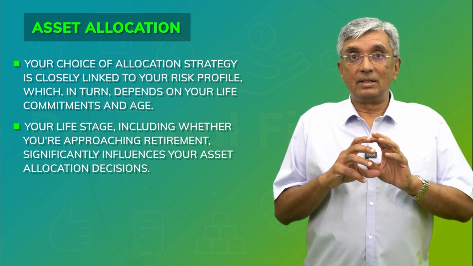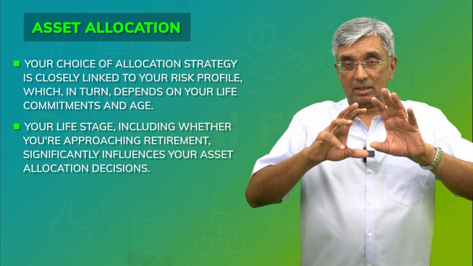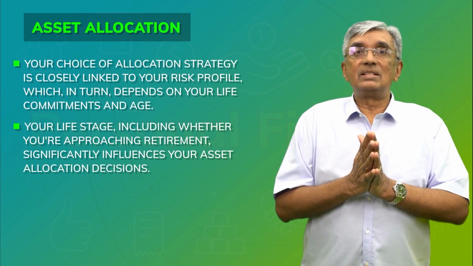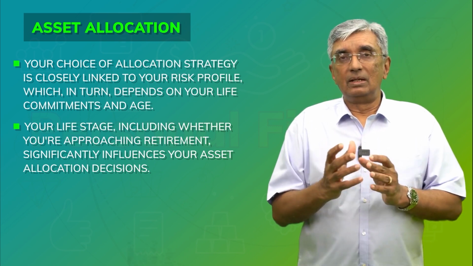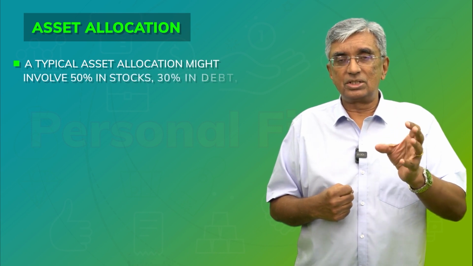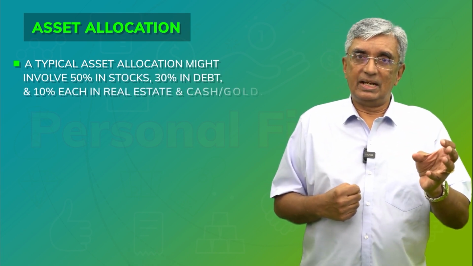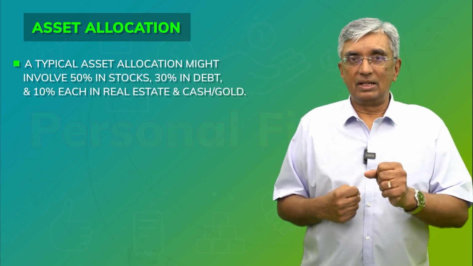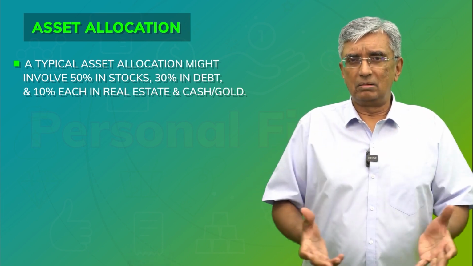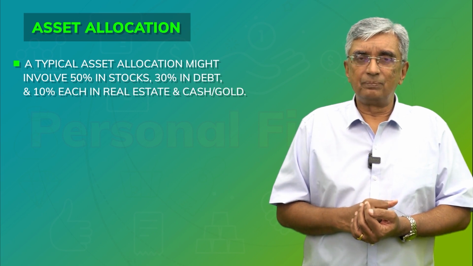Once you go through an asset allocation, you then rebalance it from time to time. Let's say you decide on 50% shares, 30% debt, 10% real estate, and 10% cash and gold. That could be a typical asset allocation.